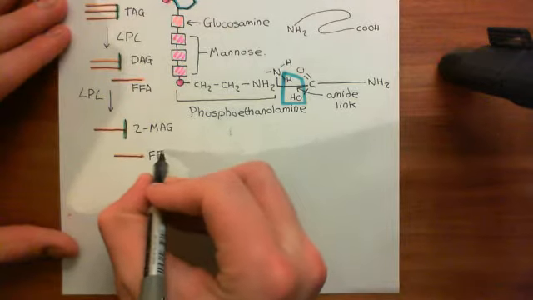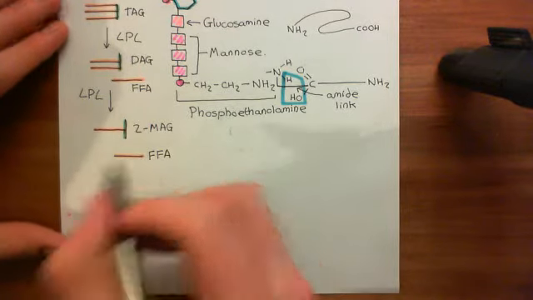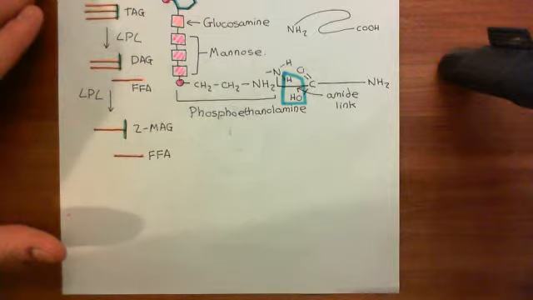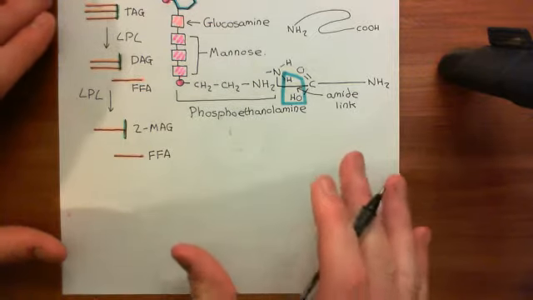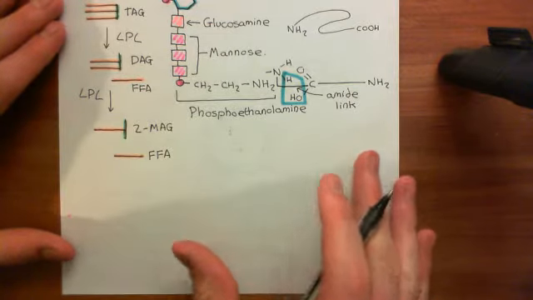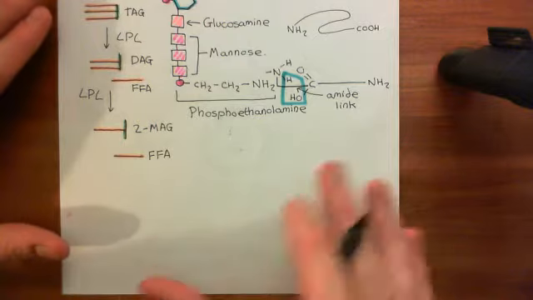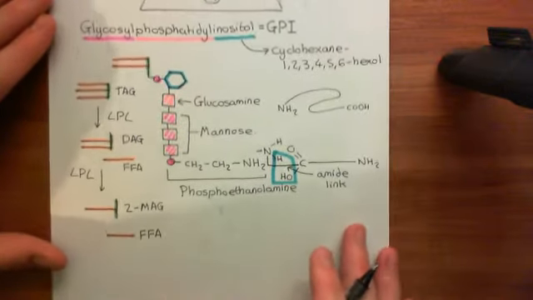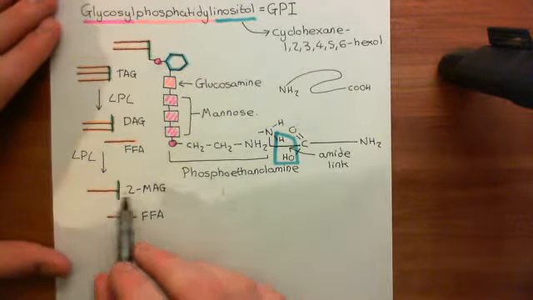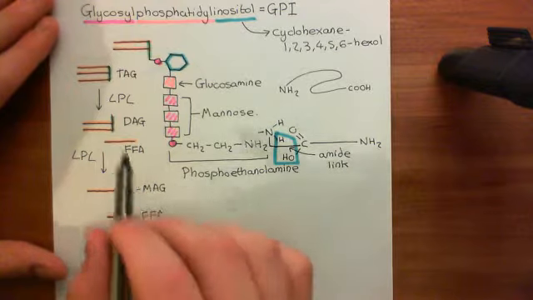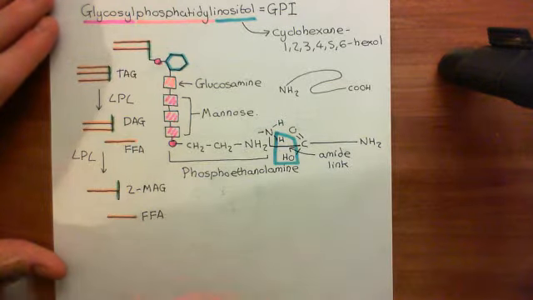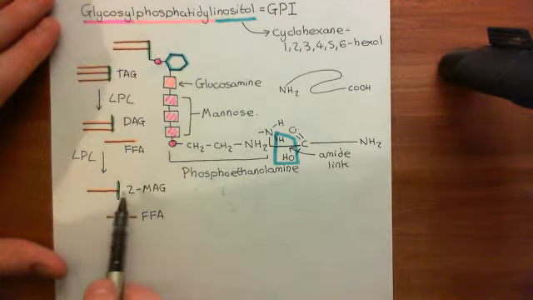Okay, right, so that's what the lipoprotein lipase is going to catalyze when it sticks its face into the hydrophobic core of the very low density lipoprotein. Okay, and what this is going to result in is the production of these 2 monoacylglycerols, and also the production of 2 free fatty acid molecules. Now, lipoprotein lipase can't go any further.